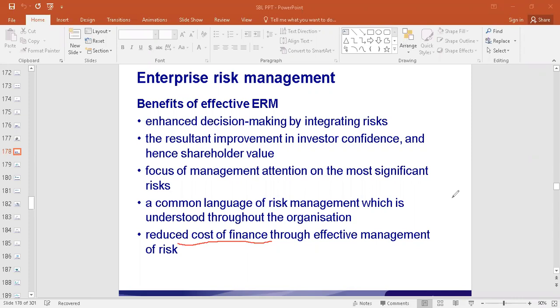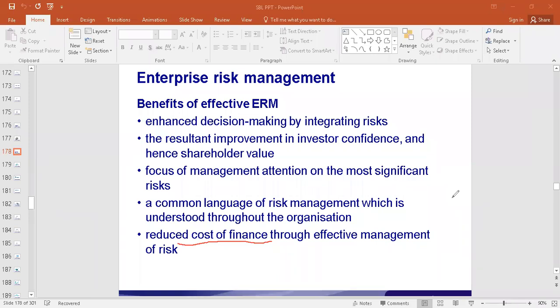But how are we connecting it to ERM? The cost of finance, the rate at which they can borrow the finances is one thing, but why would someone extend them funds at a reduced rate? Why would it happen in connection to ERM or the risk management process?